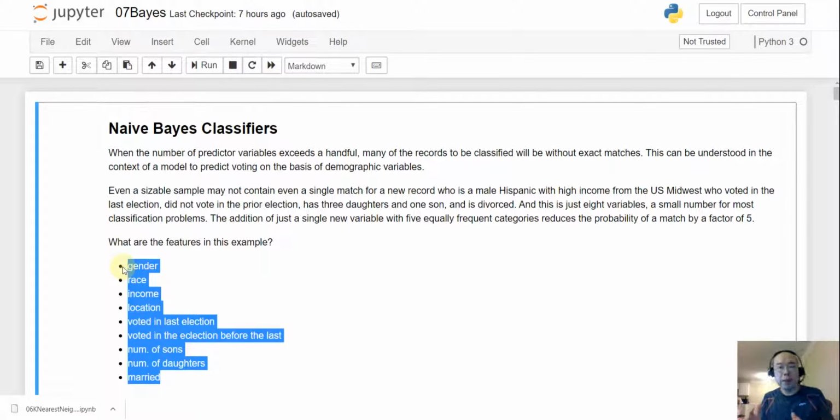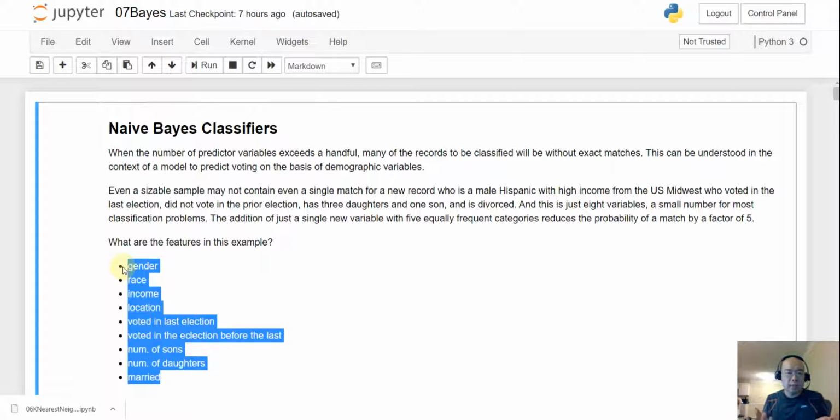So this is a good thing. For this person, if we can find five closest neighbors and there are five exact matches or 10 exact matches, that will be the best thing because we can use exact matches to predict how this person is going to vote. However, how about if we don't have that?